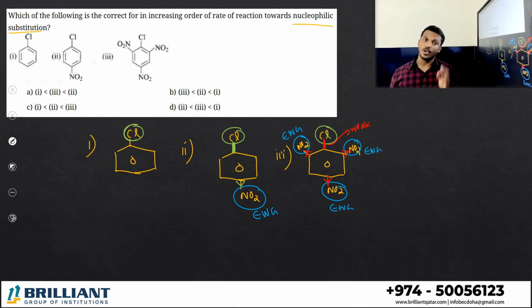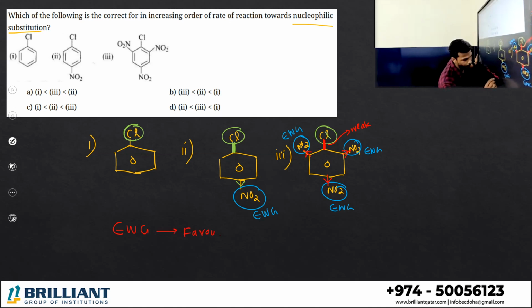Keep this point in mind: if electron withdrawing groups are more present in the system, it will favor nucleophilic substitution reaction.